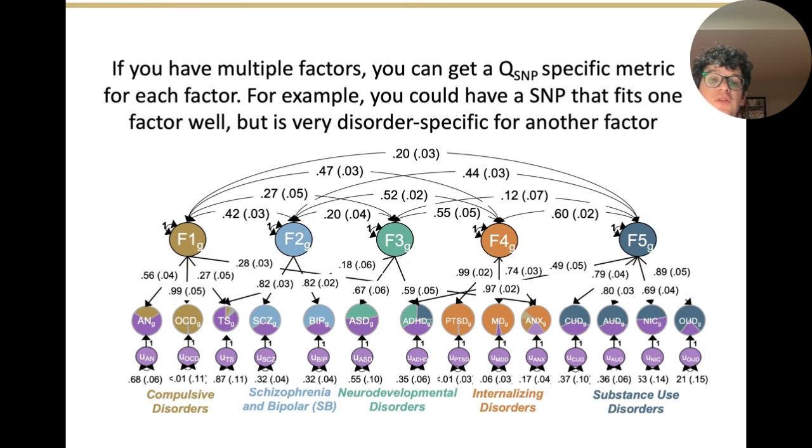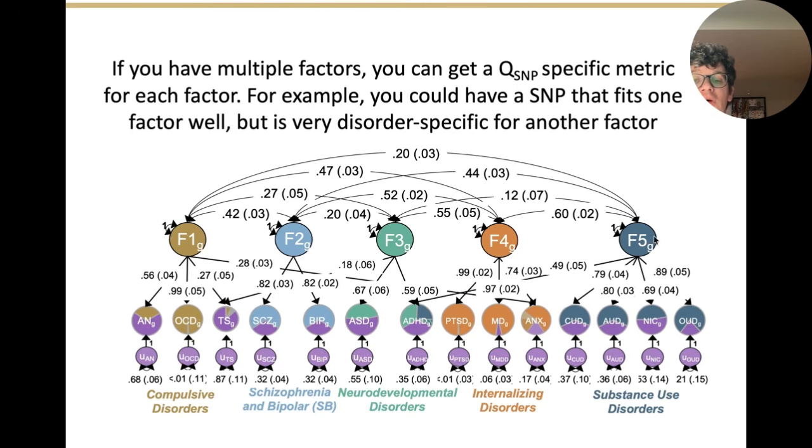I showed this particular factor model as one way to illustrate how you can think about factor-specific effects for QSNP. So in this 5-factor model of 14 psychiatric disorders, we find a separate set of QSNP effects for F5, where we find that genes involved in drug metabolizing pathways for these different substance use disorders are often significant for QSNP.